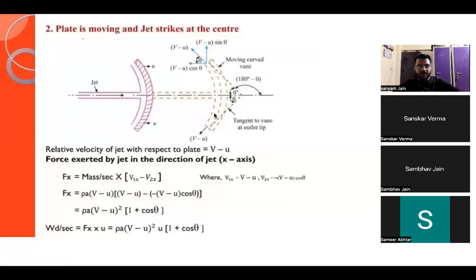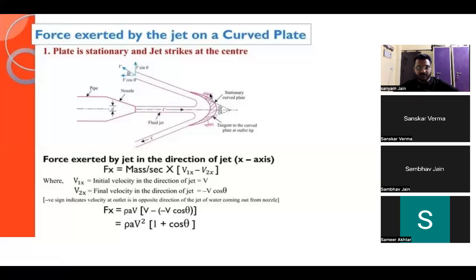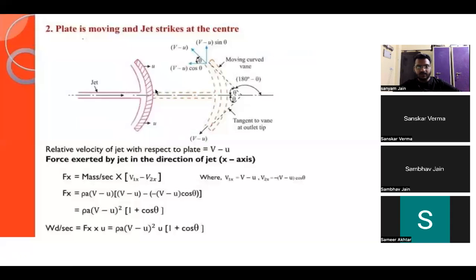In this case, the plate is moving with velocity u. In the previous case, as you can see, it is fixed, and we represented it by this symbol. We know that when a control volume is moving with u, we sit on it and take a relative velocity. So the relative velocity is V − u, and the mass striking the plate per second is ρA(V − u).